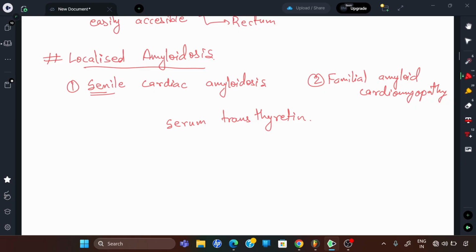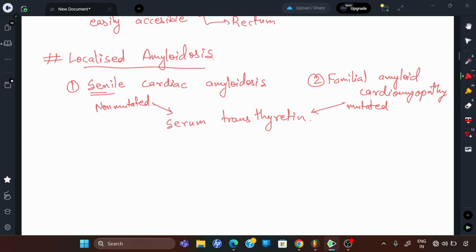Now this will start depositing in the heart, and if it is non-mutated and presenting usually in patients more than 80 years of age, then that will be the case of senile cardiac amyloidosis, whereas if the serum transthyretin that is getting deposited in the cardiac wall is mutated, then that will be the case of familial amyloid cardiomyopathy.